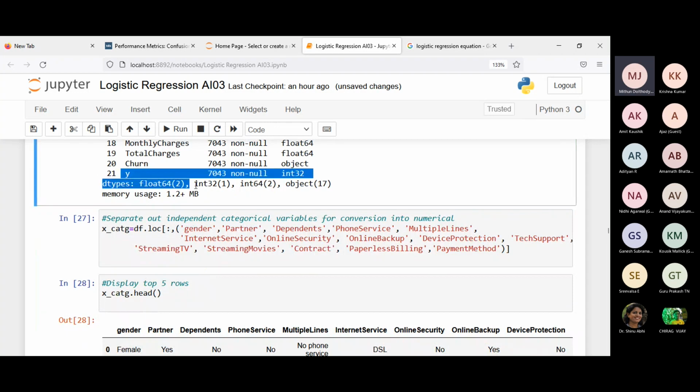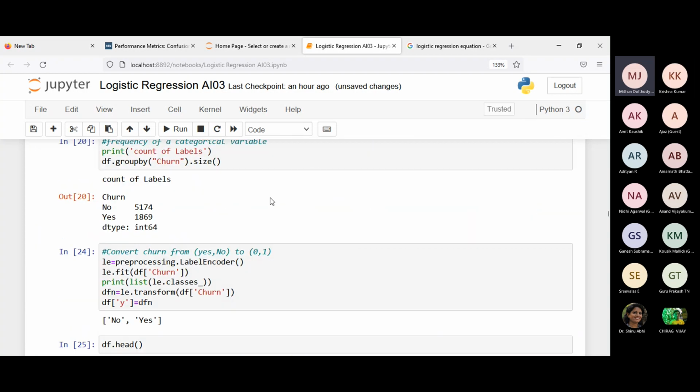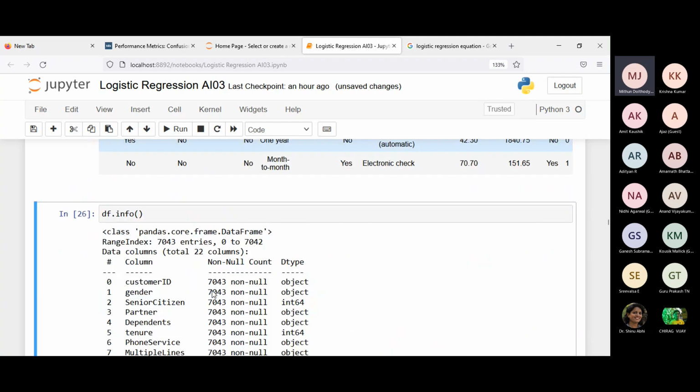We created a new variable for the dependent variable, we called it y, which was numeric, no longer string, right? What is the trick that we perform? Label encoder. Please use label encoder function, and then you can just use le.transform, pass that variable name, it should be converted to a numeric variable.